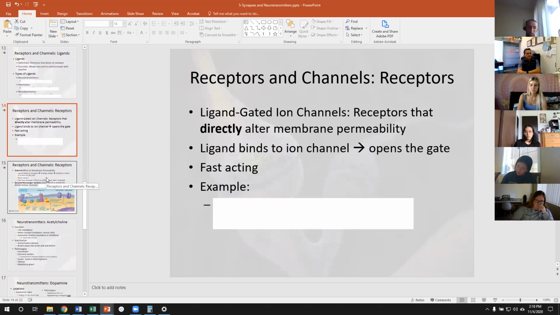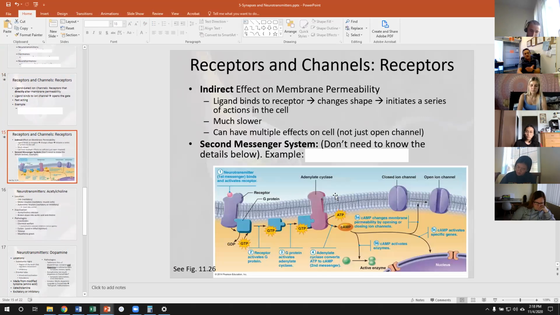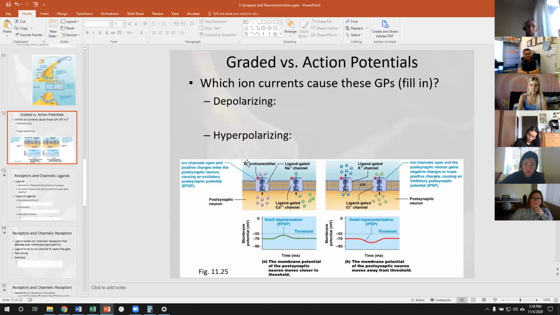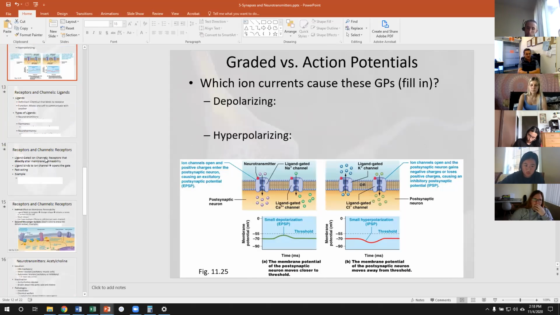Correct. So this is the other option for how we open up channels. It's still the idea that something binds to it, which could still be a neurotransmitter, but here we see the neurotransmitter binds and opens that same channel it bound to. That's the direct one.